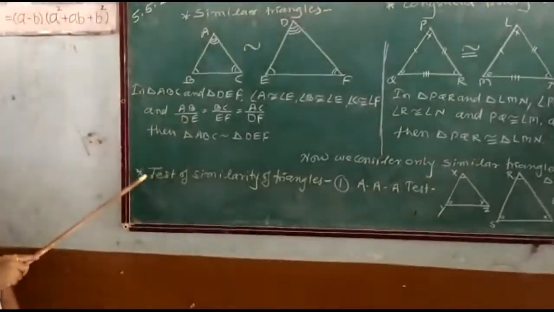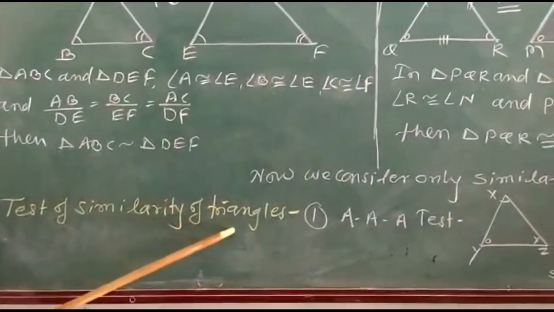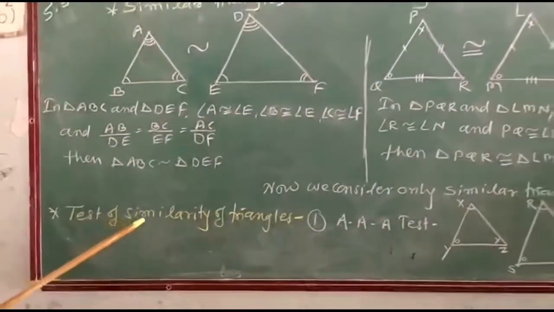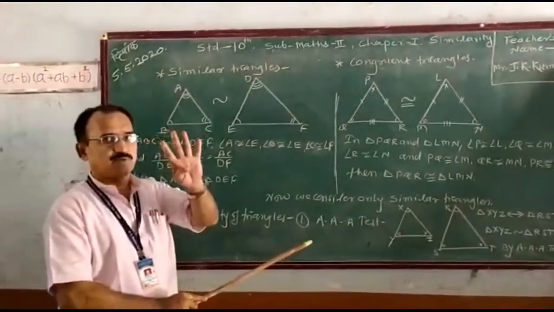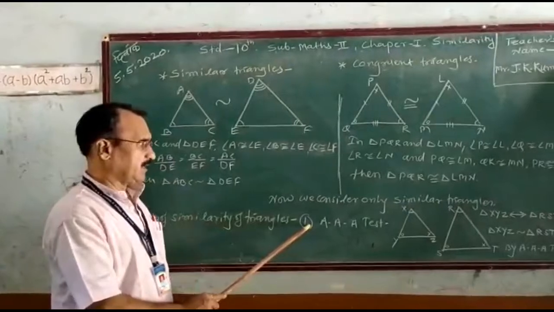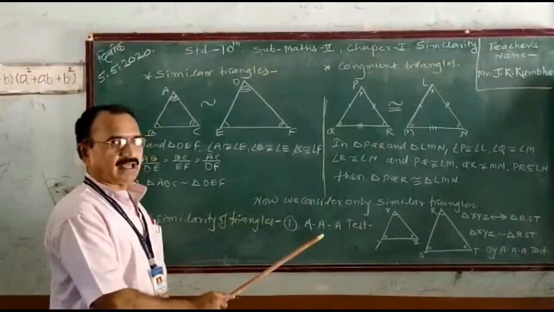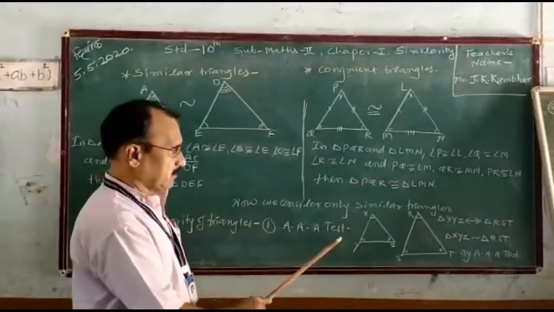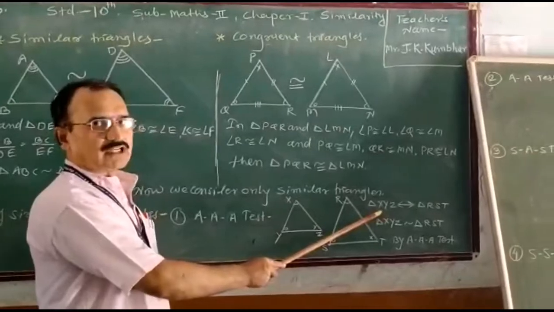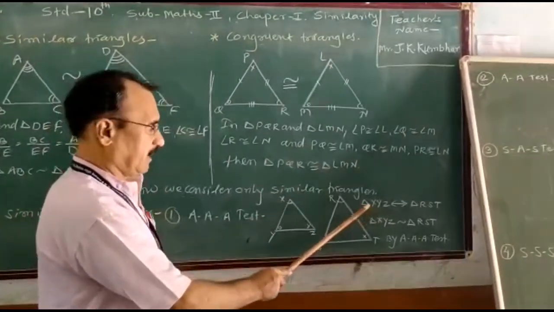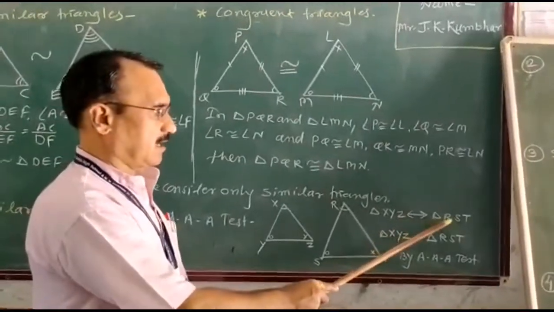Now our next article is tests of similarity of triangles. There are four tests of similarity of triangles. Number one is the AAA test, means angle test. These are the two triangles. According to the one-to-one correspondence of their vertices, triangle XYZ corresponds to triangle RST.